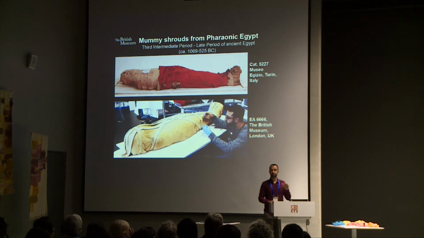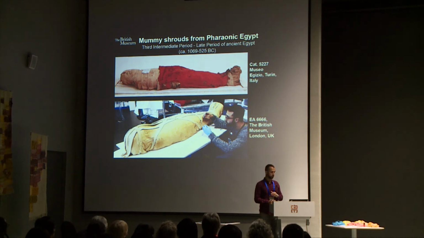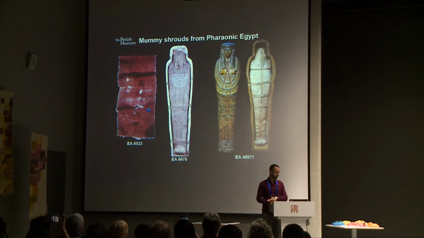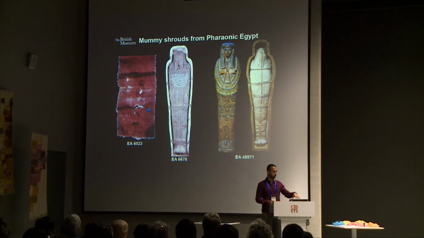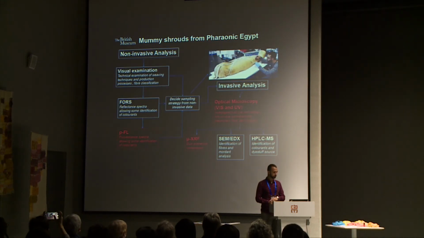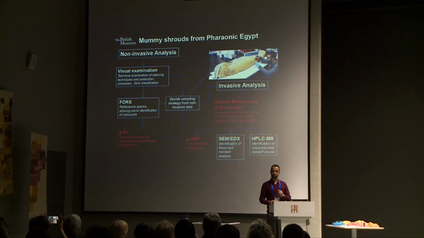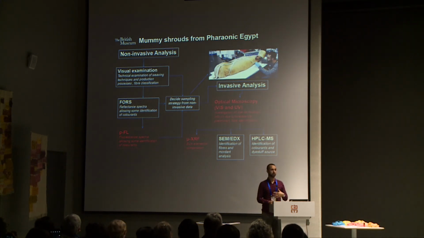So we selected a series of mummies from the British Museum and from the Egyptian Museum in Turin, and these are some of the ones that we selected, and you can already see here how the bandage on the left is very red, whereas red is difficult to pick in the other mummies. And in this case, the analytical protocol, the idea was similar. We couldn't use the multispectral imaging because of the dimension of the mummies, which are very big, and so it was a bit tricky.